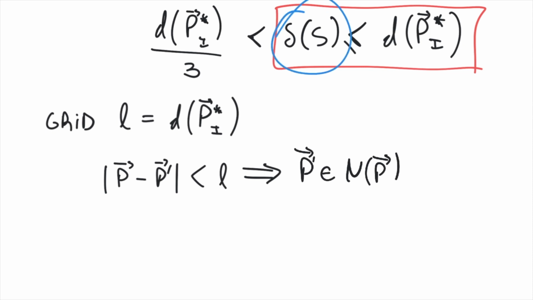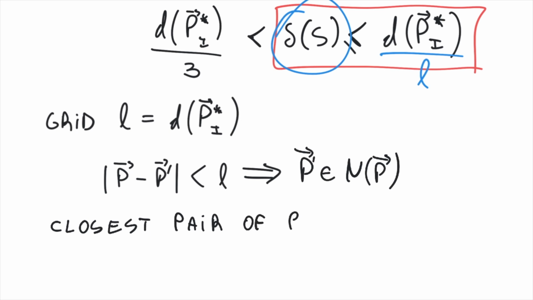Its distance is less than the grid size. Therefore, the closest pair of points is in the same neighborhood, right? So this is the key. Both points are in the same neighborhood of P.